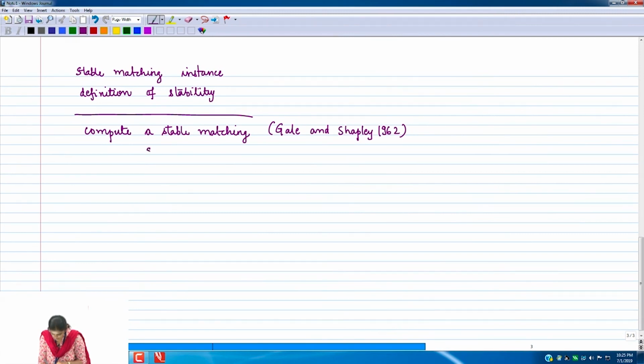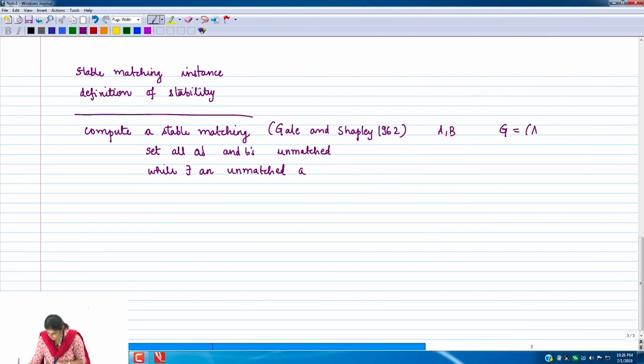So set all A's and B's unmatched. While there exists an unmatched A, I did not write this as two sets, but we can write them as the two sets A, B, and therefore the bipartite graph is A union B, and the edge set H, which is the complete set, where each A_i has a preference list.